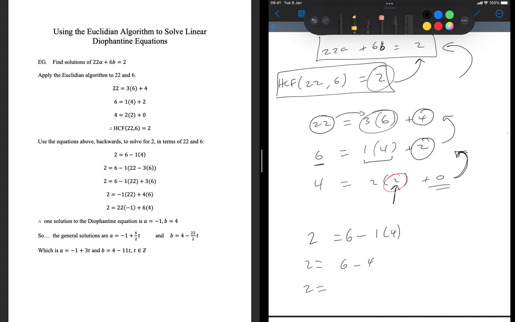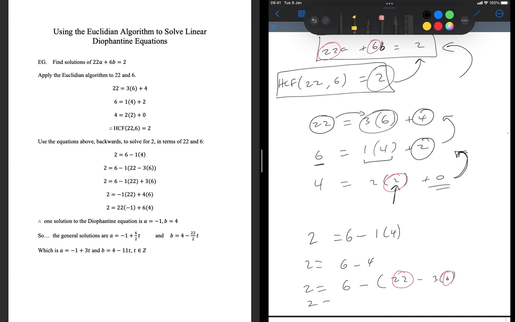So 2 equals 6 minus, and now 4 we're replacing with 22 minus 3 times 6. The reason we've done that is now we have the number 22 in the equation and the number 6 in the equation. That's what we want, because we want to solve for that Diophantine equation. So let's get it in terms of that.